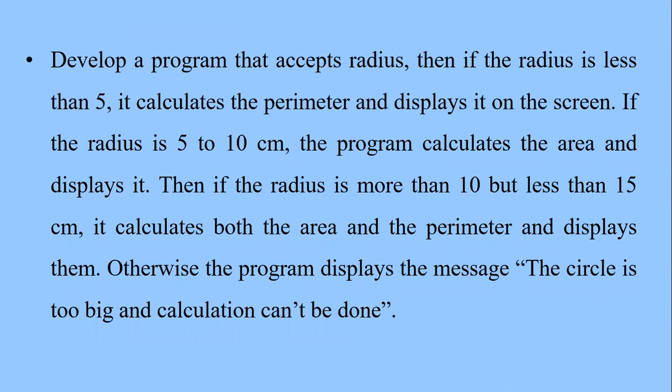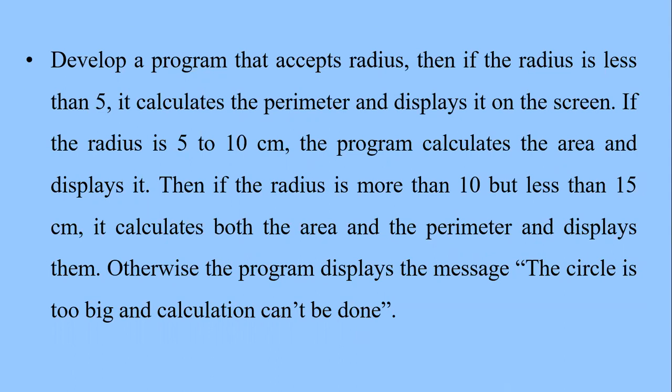So my pseudocode, the flowchart, and the sample programs will be based on the following example. Develop a program that accepts radius. Then if the radius is less than 5, it calculates the perimeter and displays the perimeter on the screen. Otherwise, if the radius is between 5 and 10 centimeters, it is greater than or equal to 5 centimeters but less than or equal to 10, then the program calculates the area and displays it on the screen.